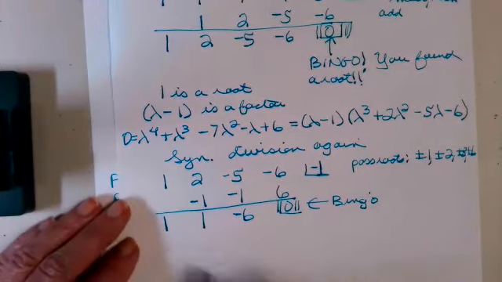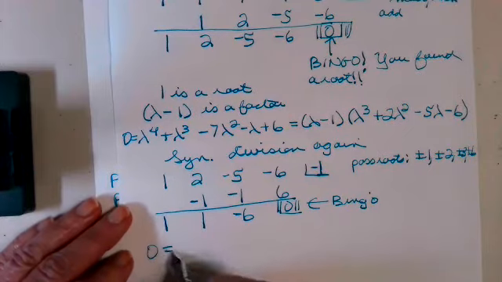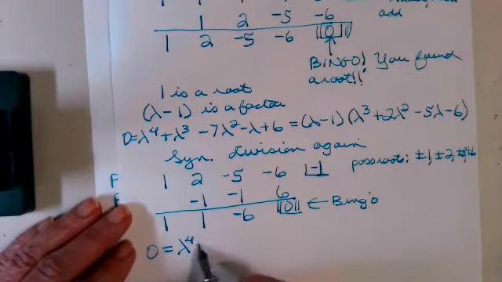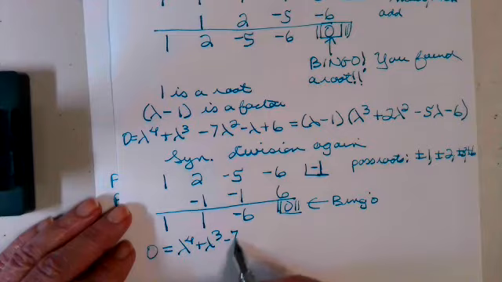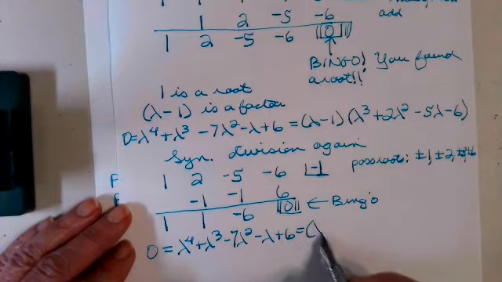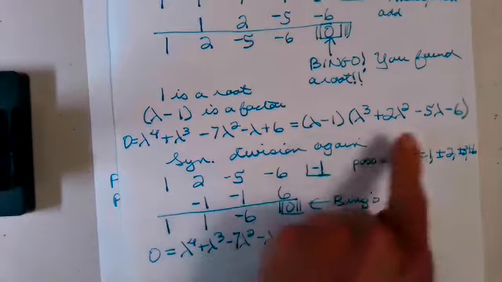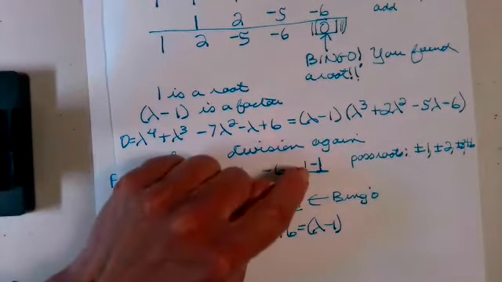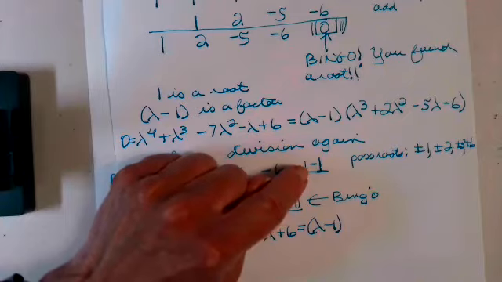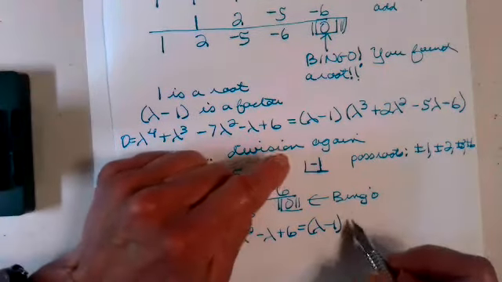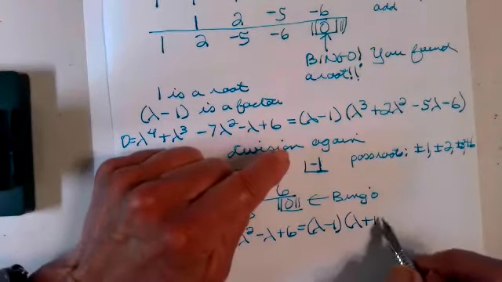So now we have that our original thing that we started with, our fourth order, which we had factored to lambda minus 1 times this cubic. Now we know that minus 1 is a root. So what's a factor of that cubic? It'll be lambda plus 1.